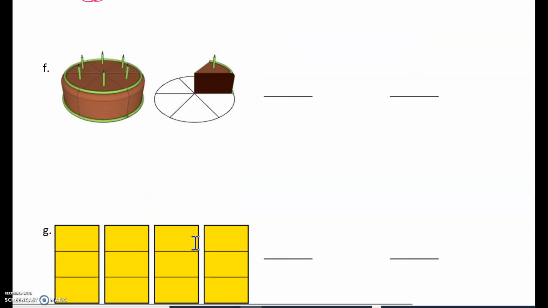Let's look at the birthday cake. How many pieces am I breaking this up into? Well, 1, 2, 3, 4, 5, 6. 6 total pieces. So my denominator will be 6. And how many pieces are here? Well, I know I have 6 total here and 1 here.